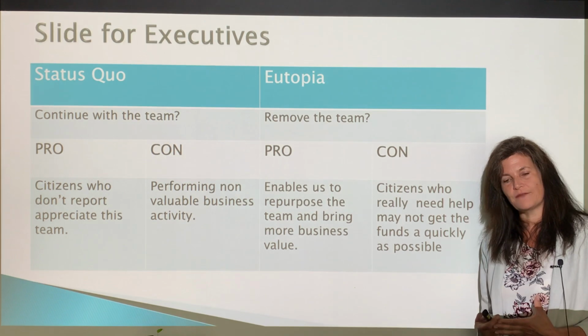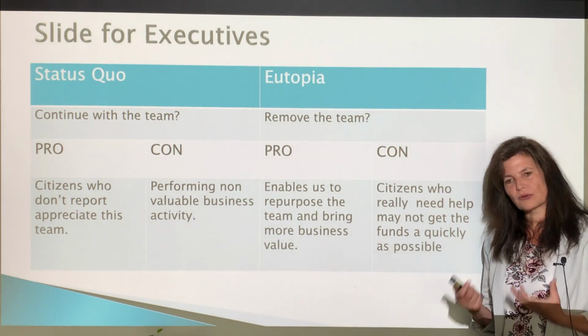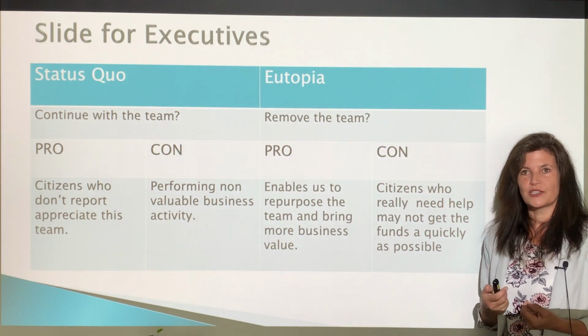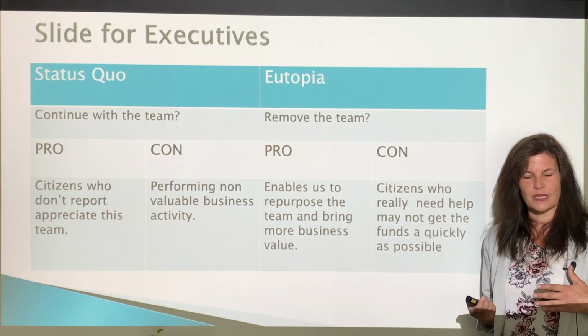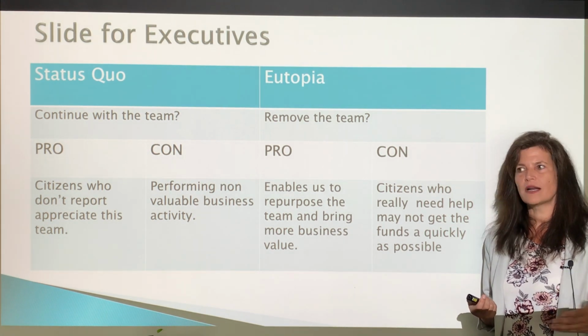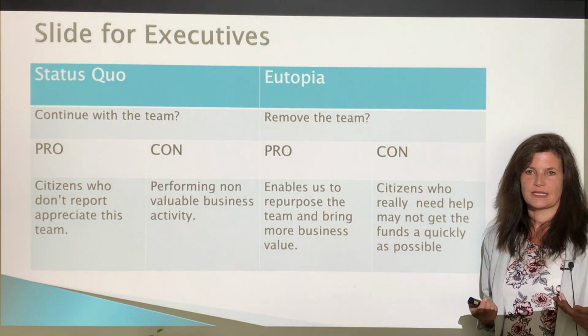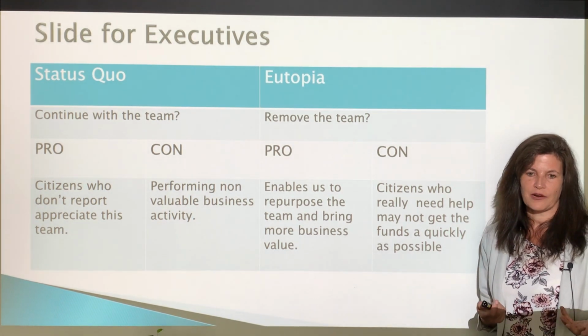If we were to create a future design that doesn't include the team, a pro could be we could repurpose that team to attract more citizens. Because if you look at the interviews we had with the executives, they went on and on about they want to reach more citizens and they want to help more citizens. So maybe our team gets repurposed to that area.